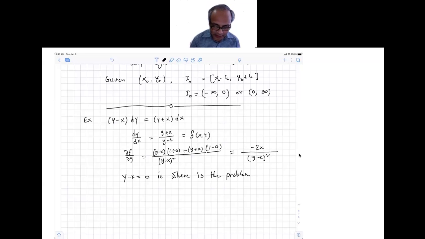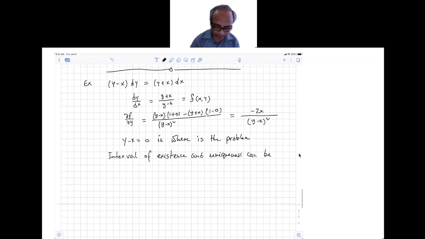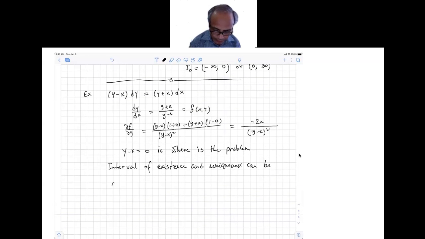The interval of existence and uniqueness can be found anywhere in y less than x or y greater than x.